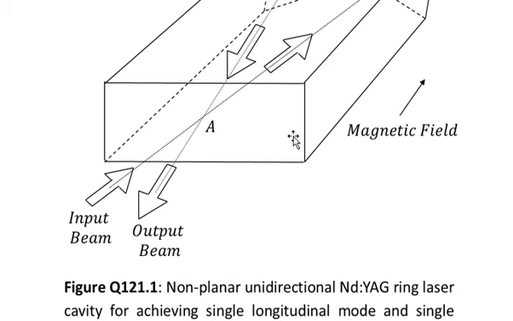So this front face may be regarded as the output coupler. The input beam enters at the output coupler, and of course the beam will also leave the output coupler, forming an output beam.